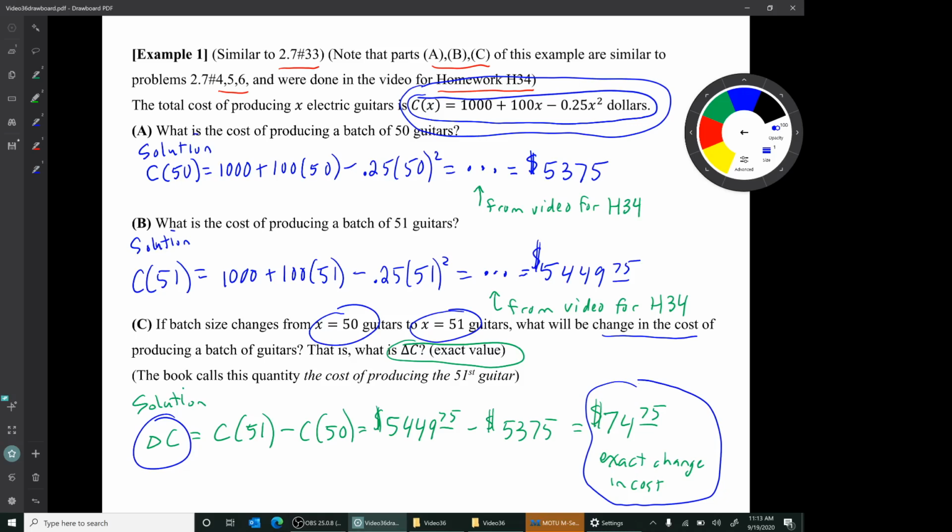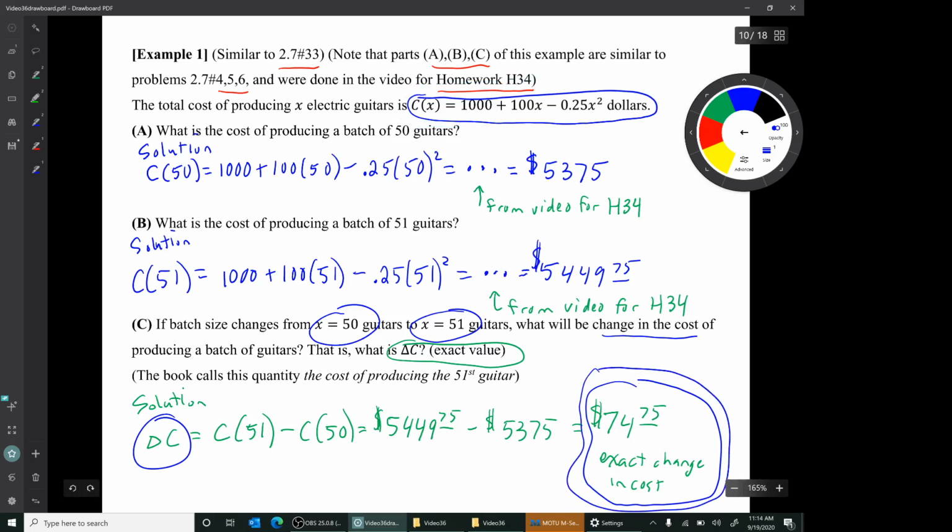Well, if you're running the company that's making guitars, you have somebody whose job it is to figure out how much things cost. And a formula like this, the cost function, would already be a result of estimating things, approximating costs. So even though we called this quantity the exact change in cost, it's already got some approximations in it.